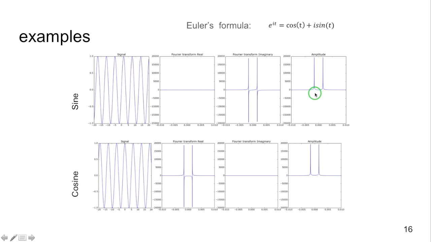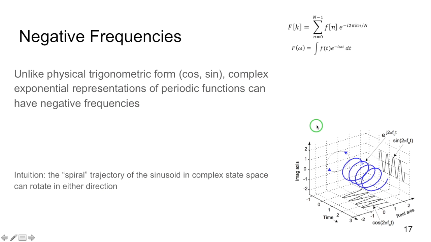Now, it's curious that this is mirrored by a peak in the negative frequency range. And what is a negative frequency, and how does that make any sense? Well, sines and cosines don't really make sense with negative frequencies, but complex exponentials can.